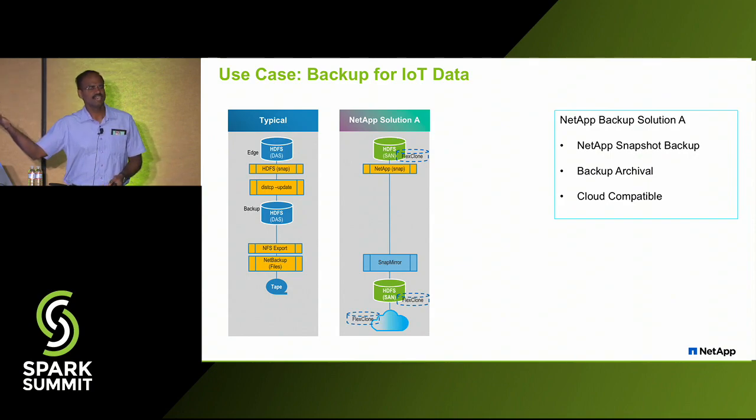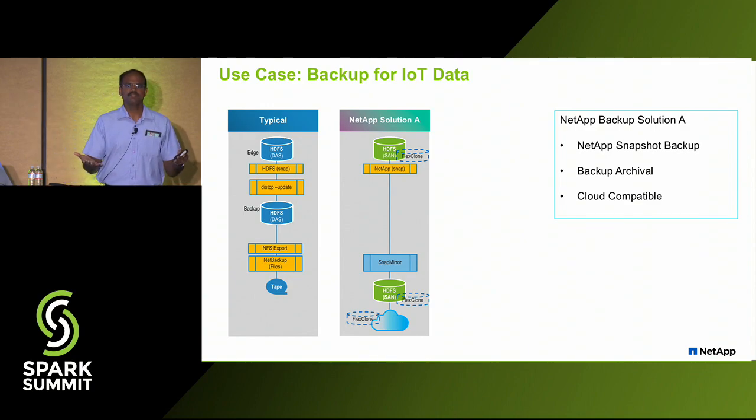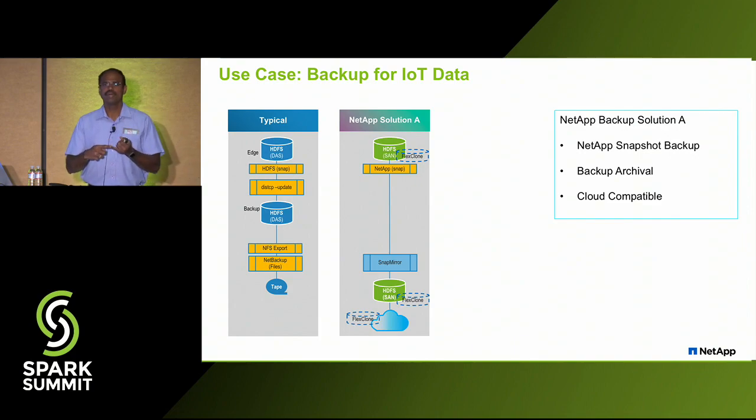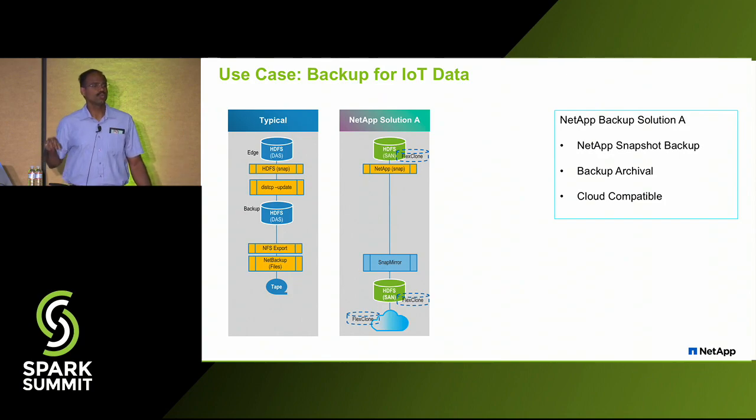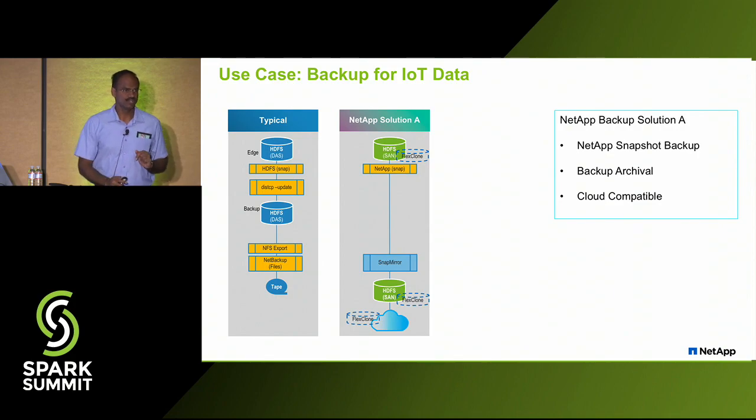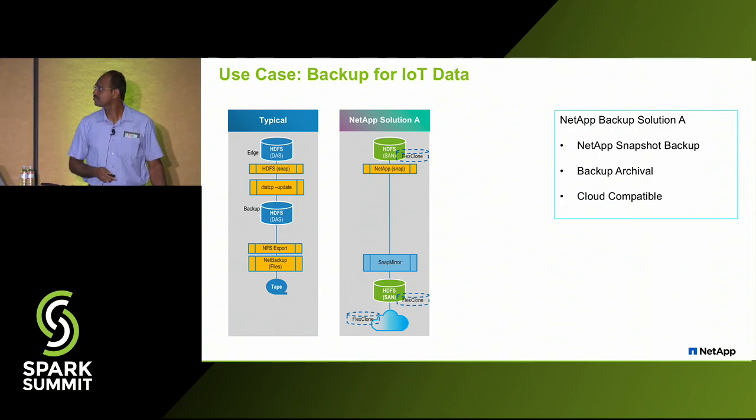Once the data is available in NetApp storage, we can use NetApp enterprise management functionalities such as backup, restore, cloning, and all the operations happen at the storage level. That means backup. This is how we protect in one solution. In this solution, archival of the backup is also possible. Once the backup is available, using SnapMirror vaulting technology, we can transfer that backup to different locations.